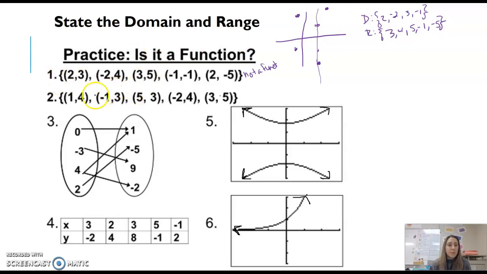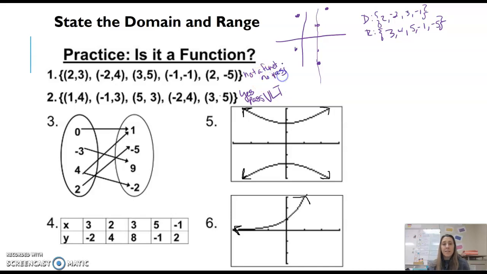Okay, so now let's look at number 2. So are any of the x's repeated? So we've got 1, -1, nope, 5, that's different, -2, 3. So this one is a function. So yes, this would pass the vertical line test. For the previous one, vertical line test, we would say no, doesn't pass.